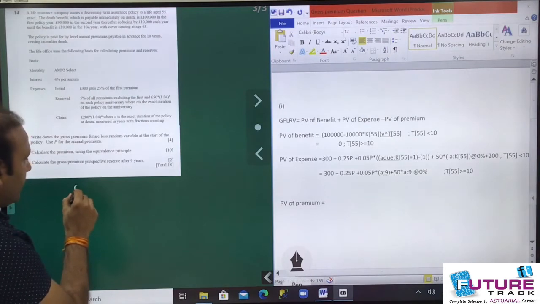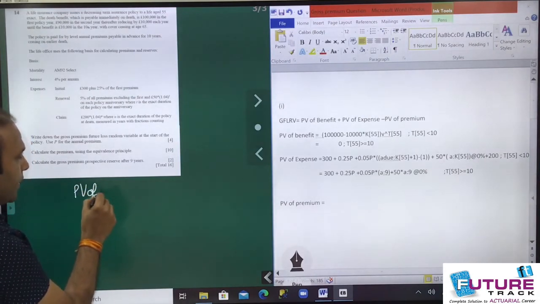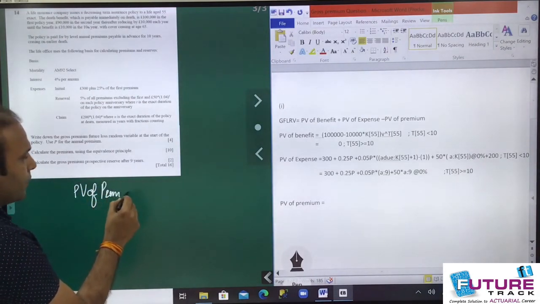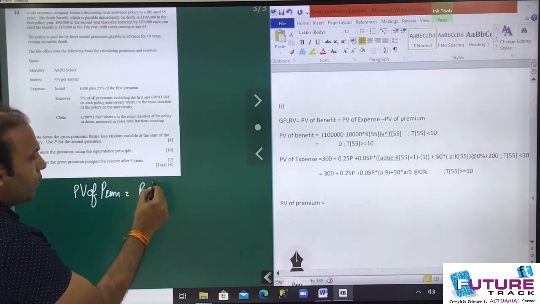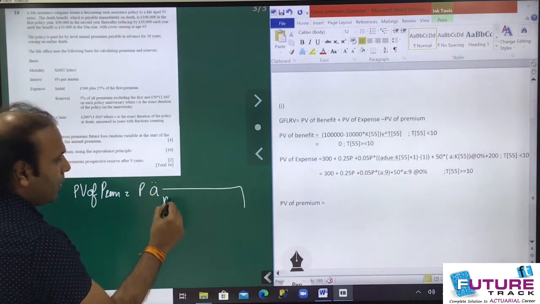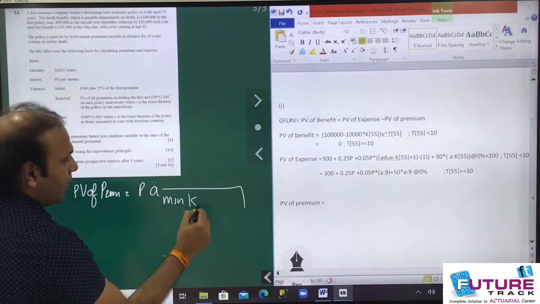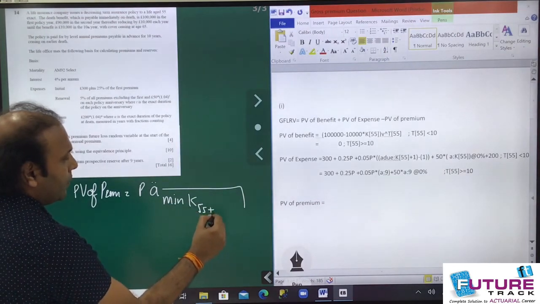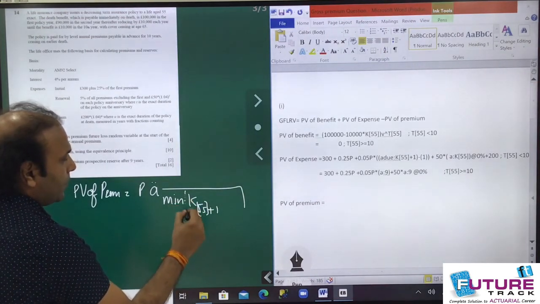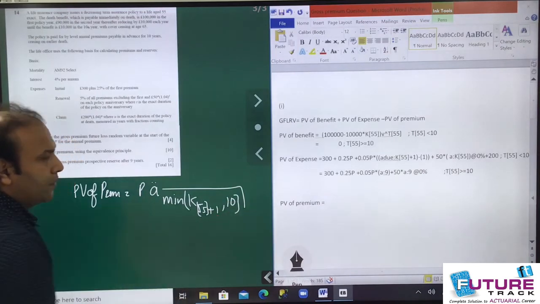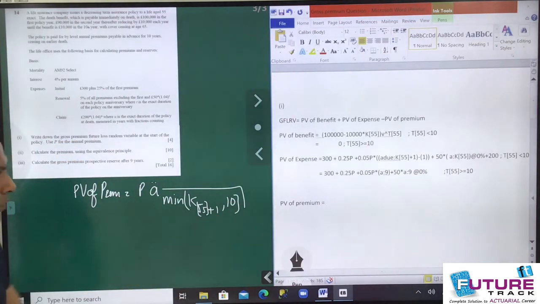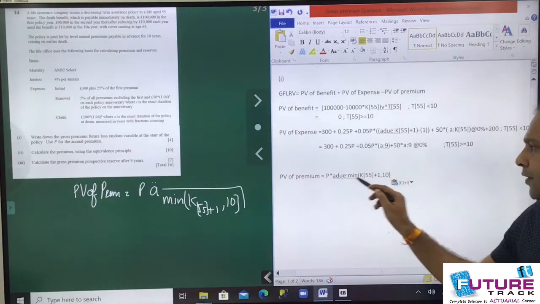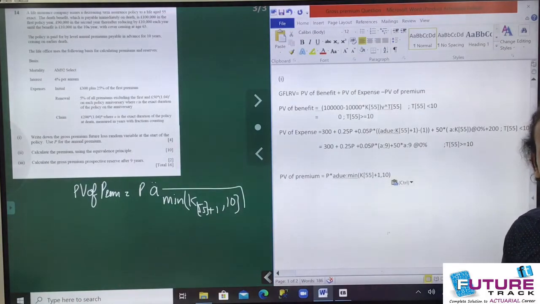present value of premium, temporary annuity is there, so it is P ä_min(K_select 55 plus 1, 10). Fine. So let's see how to write here. So, in this way we can write our expression.